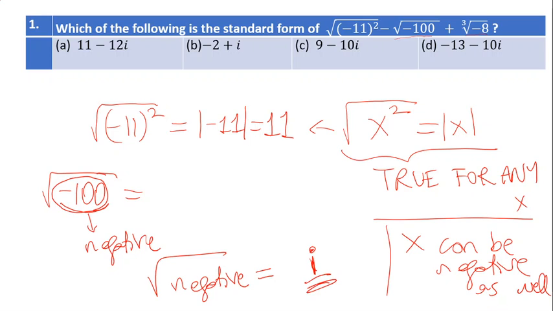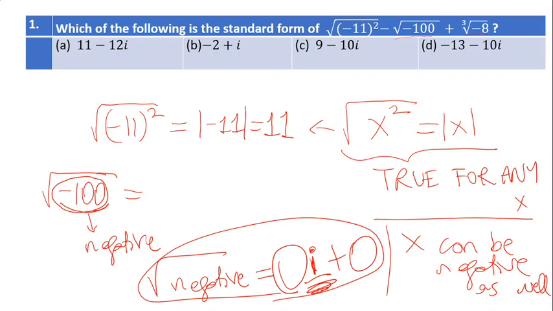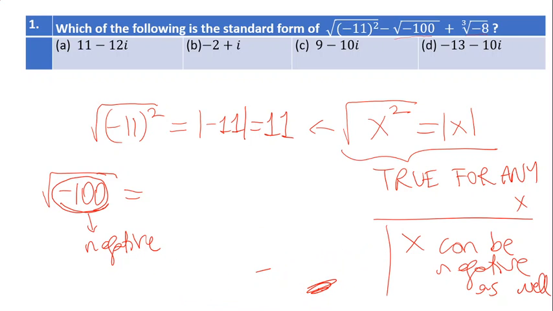If you have a negative under a square root, this will have i. So the formula here is the square root of 100 times i, so it's 10i.